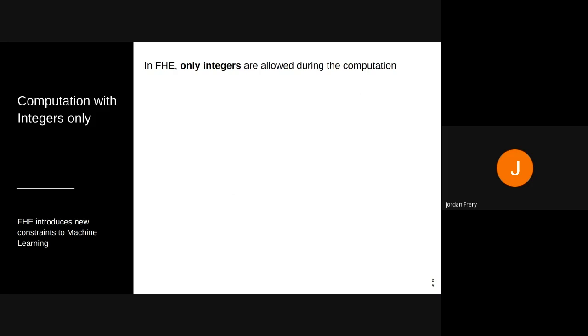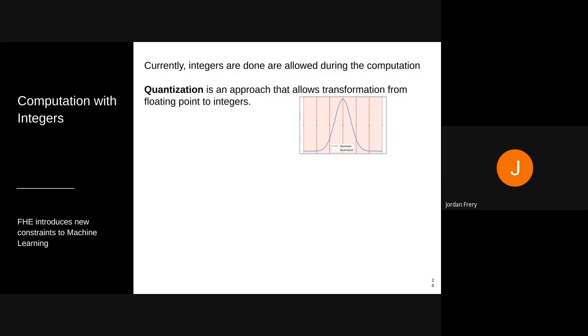So now let's dig into how we actually change the machine learning model to make it FHE friendly. In FHE, at least currently, we can only work with integers, so computation has to be done with integers only. And to do this, we use quantization, which is an approach that allows transforming floating points to integers.